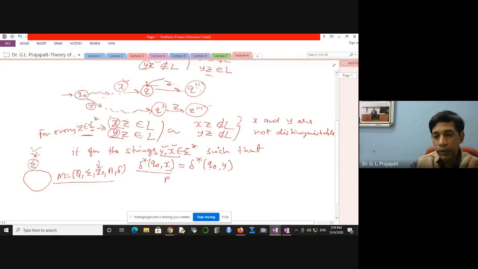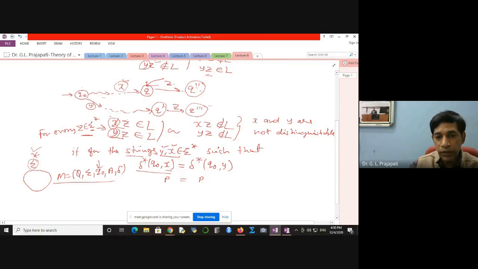Here you are saying that you are in the state q0 and you are receiving the string y. And if delta star q0 x is delta star q0 y, this means if this is p, then this is also p. So both are the same state. What happened?